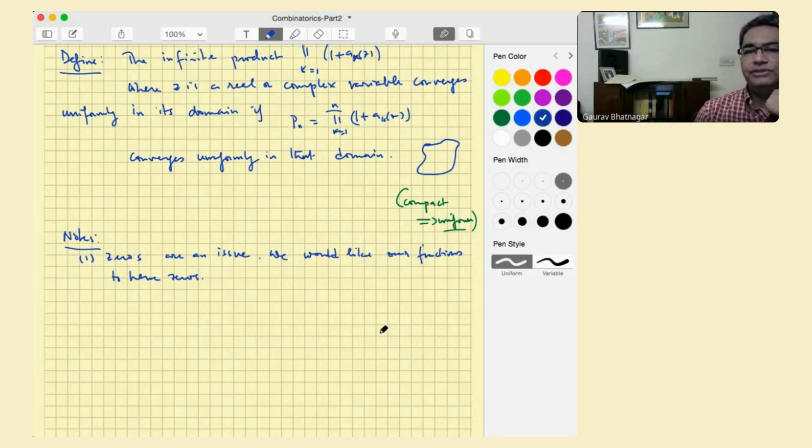Entire functions with no zeros are like exponential functions. That's all you have. Or some relative of exponential functions. In fact, they are e raised to some entire function. So they are not very interesting. So we want our function to have zeros at certain points. So, I mean, we delete those points.